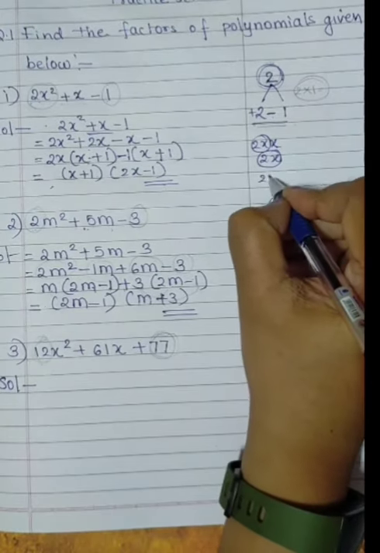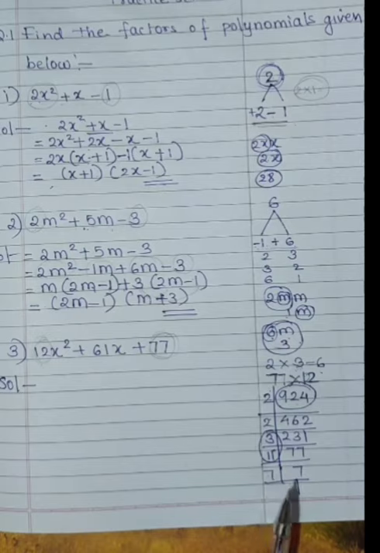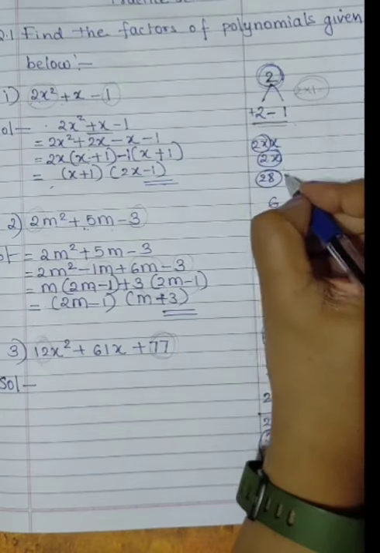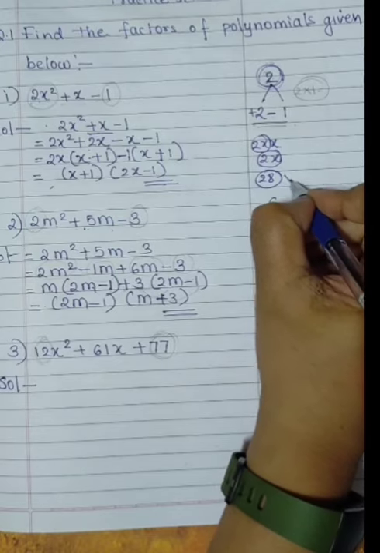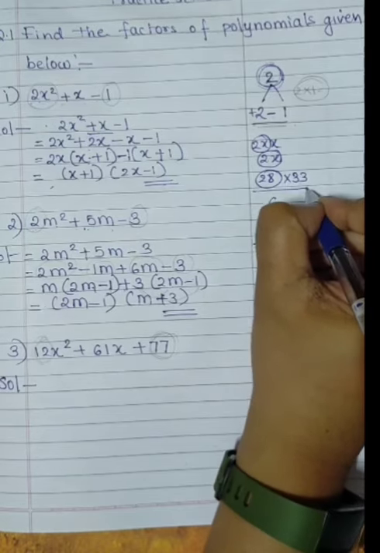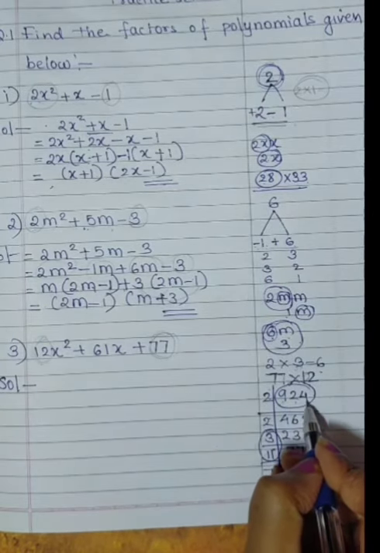We'll take 28, I'm writing here. Then what remains, 11 3s are 33. We'll get 33 here. When we multiply this both, we'll get 924.